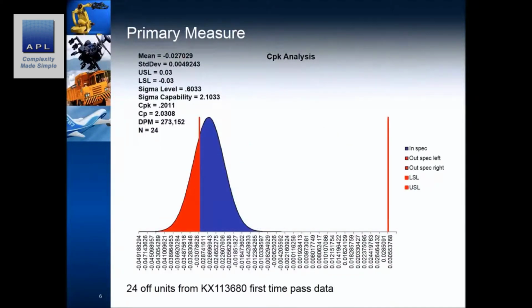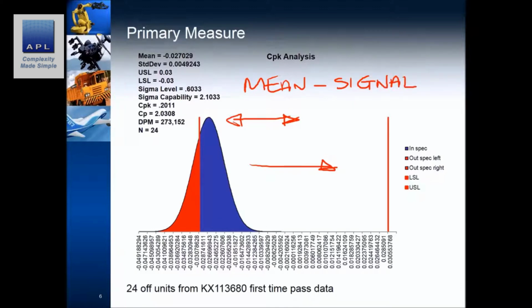But if we look at that as a capability diagram, oh, okay, we're off center. This is one of the reasons why when you look at this, it's normally very easy to move processes on the mean. If you're trying to shift the mean, which I'm going to call the signal, that's usually very easy to do. There's dials, settings, tolerances, nominal positions that are very easy to move around and to change the signal.